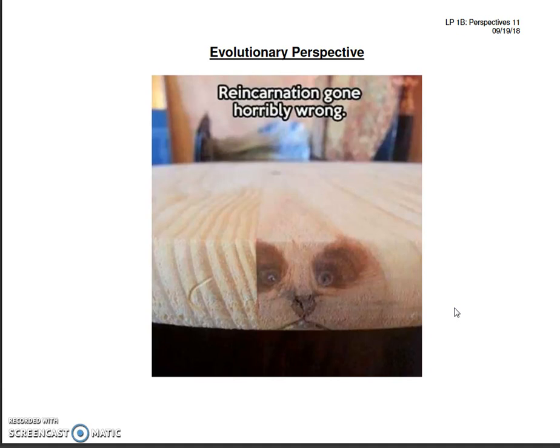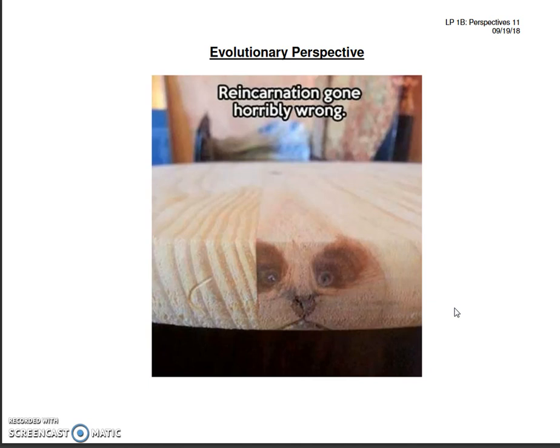So as a humorous sort of image, this is one where reincarnation has gone horribly wrong, where somehow some animal got reincarnated into a tree, and we see parts of its face in the wood. Again, the point of this is that we have this biological evolutionary tendency to see faces in things when they probably aren't there, and we have this bias to see faces.